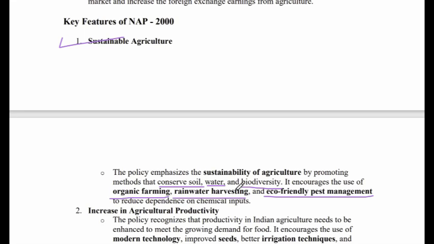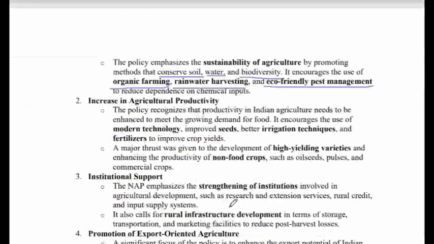During the rains, you conserve the water, then you reutilize it throughout the period when there are no rains, that is off season. Eco-friendly pest management to reduce dependency on chemical inputs.